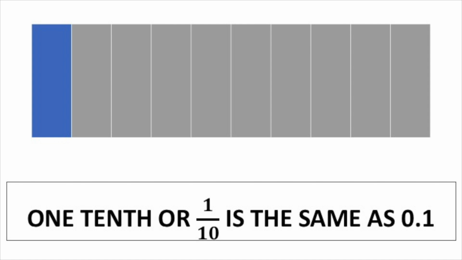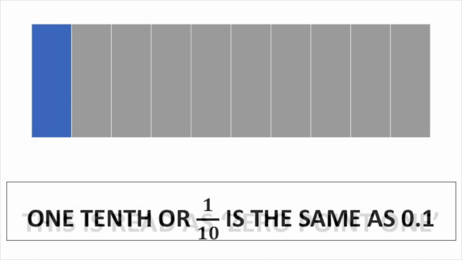You can always turn a decimal into a fraction, but we've learned about fractions already. We're now looking at the decimal. 1/10 is the same as 0.1. Remember in the last lesson when we were looking at fractions and decimals? 1/10 is the same as 0.1.